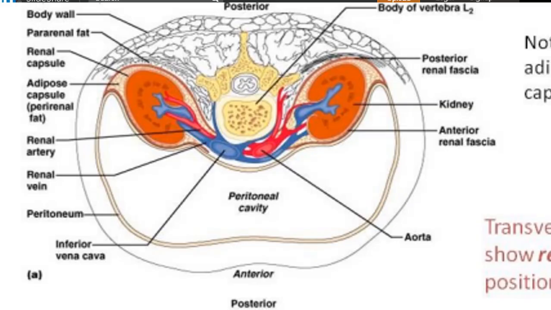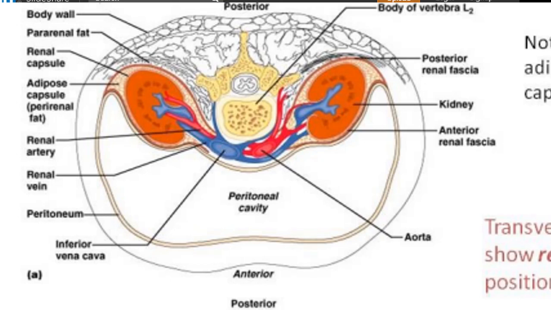About the coverings of the kidney, it has 3 coverings. The innermost one is the fibrous capsule, also called the true capsule. It is firmly attached to the kidney. Then we have a middle fatty capsule composed of perinephric fat.